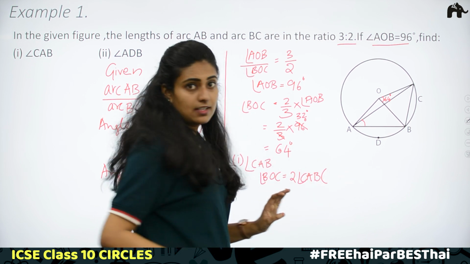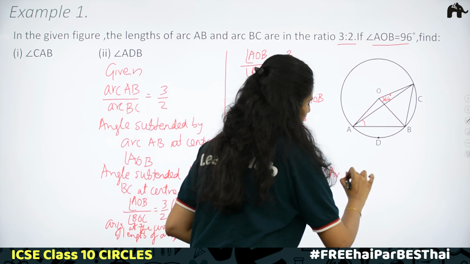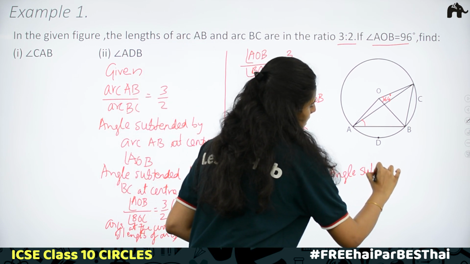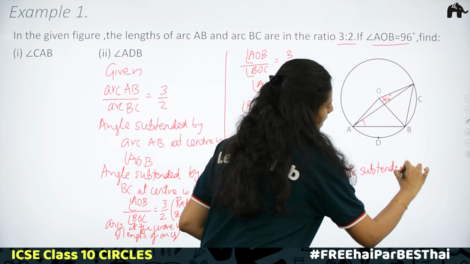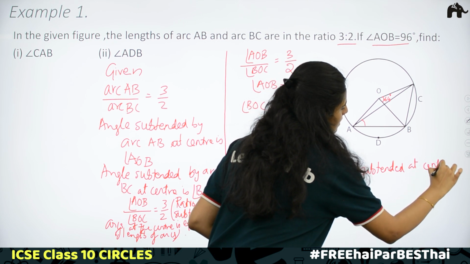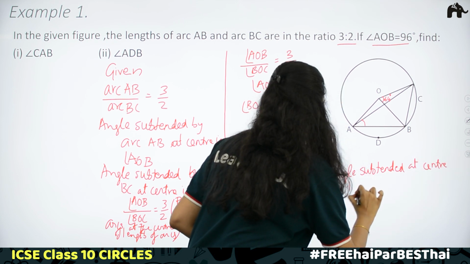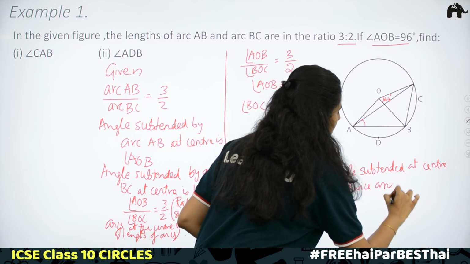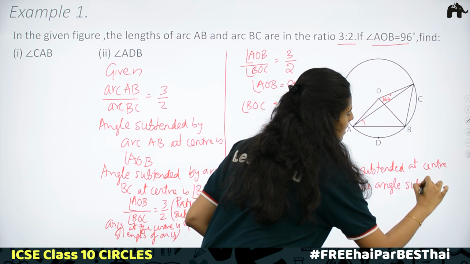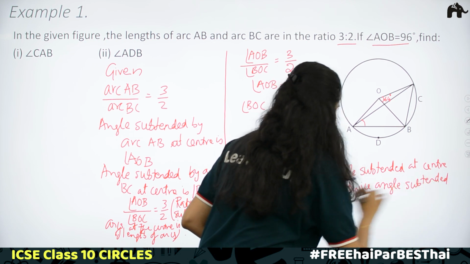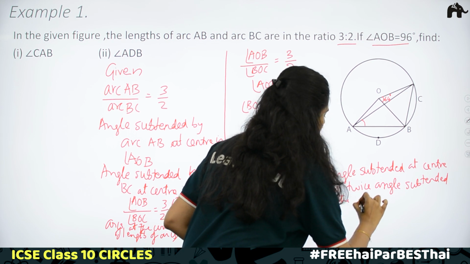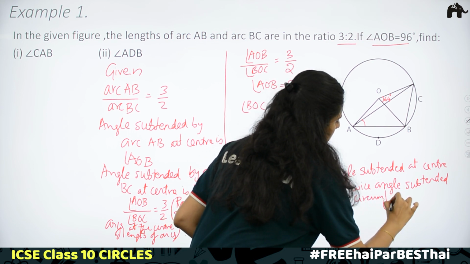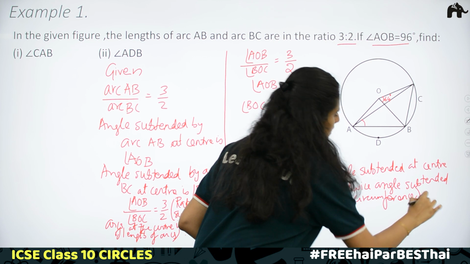What is the reason? Angle subtended at center is twice angle subtended on the circumference of the circle.